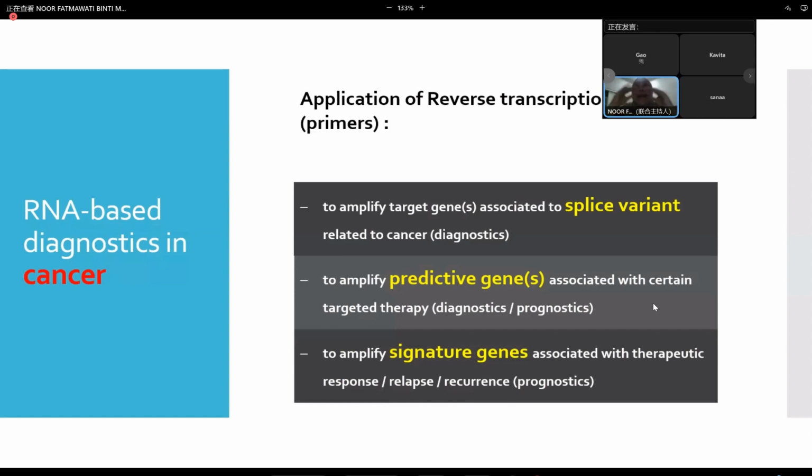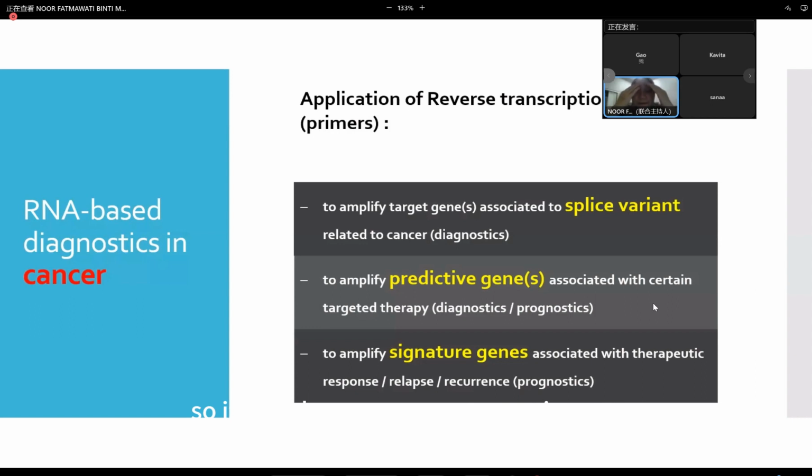Other technologies can involve amplification-free approaches. Real-time PCR is amplification dependent. There are several other technologies which can be amplification dependent or amplification free. I already shared with you an example of amplification free.